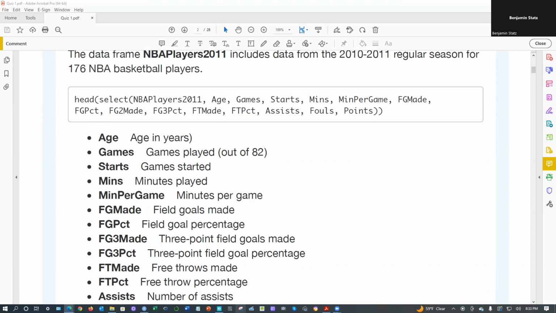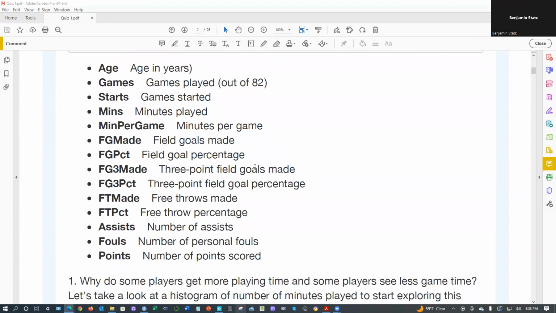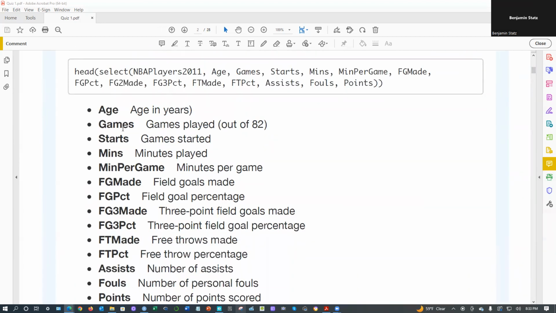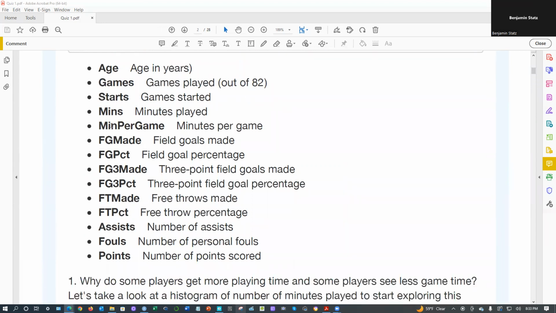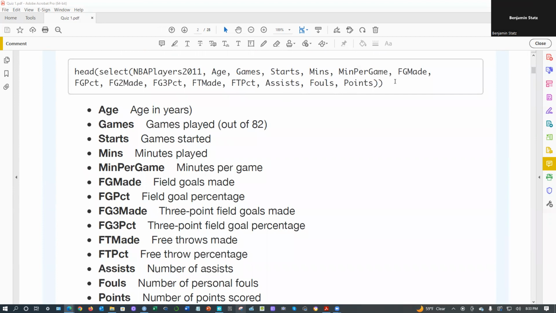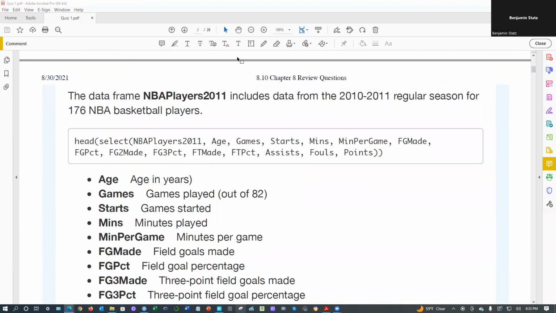So these are all the variables, some variables selected from this particular data. They selected NBA player 2011 from that one. That's the name of the data set, and these are the variables, attributes.